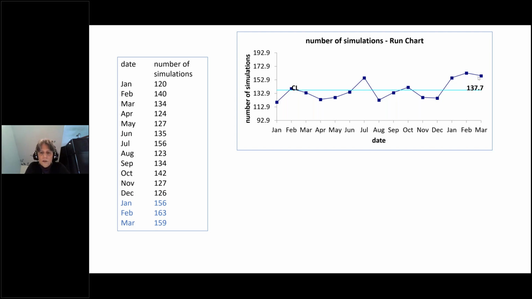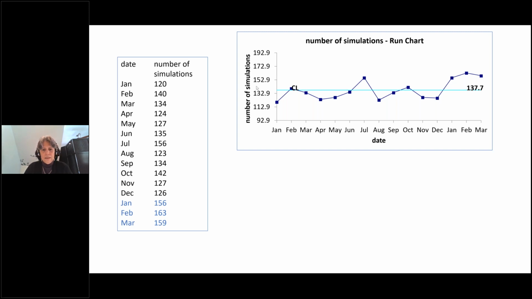There are some rules for interpreting run charts, but I'm not going to get into the details of that, because if we can understand statistical process control charts, then you can also understand run charts. Statistical process control charts have a lot more components to them. So we'll focus on the control charts, but understand that there are rules you can apply to run charts also.